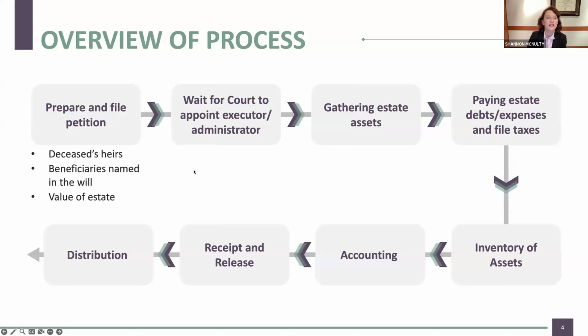Okay. And the deceased's heirs, they get a notice, and basically they have to be given service of process unless they waive the service of process. And that's basically their opportunity to file any objections. Yeah.